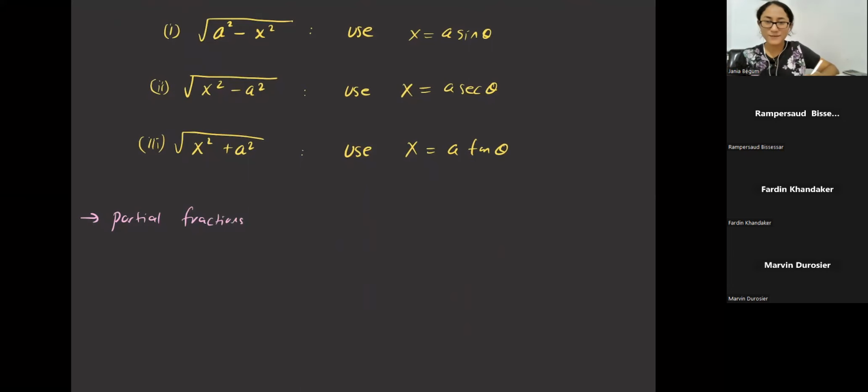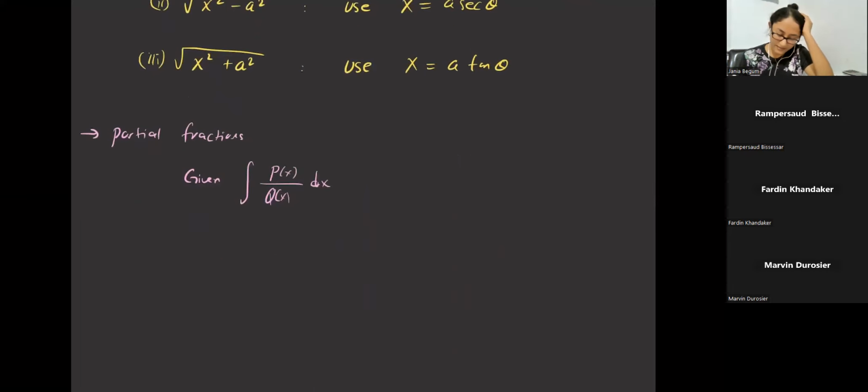Exactly, when it's improper, right? So let's say you have some p of x over q of x, polynomials. If the degree of p is greater than or equal to the degree of q, the bottom polynomial, then use long division first.